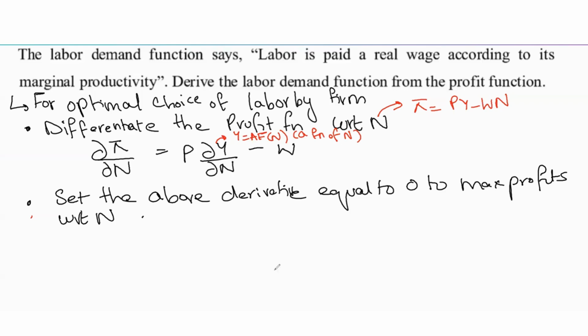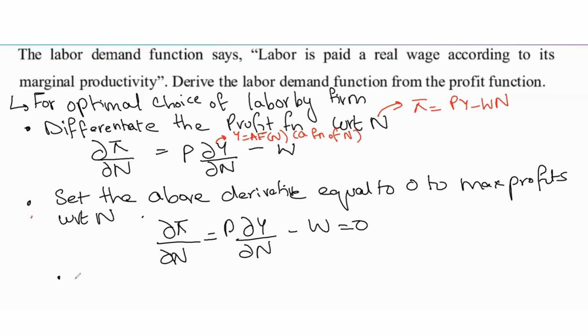So here we differentiate profits with respect to n and set the derivative equal to 0. So we set partial pi by partial n, which is P partial y by partial n minus W, equal to 0.